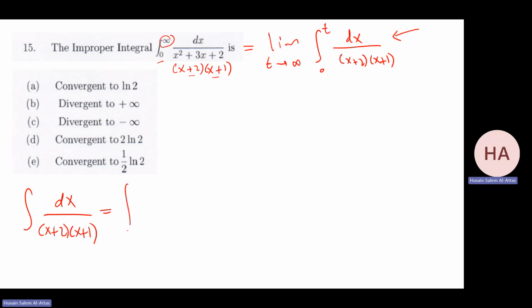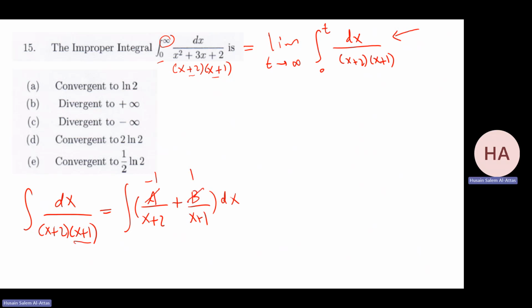This will be A over x plus 2 plus B over x plus 1, dx. What will be A? We'll use the cover method. Using minus 2, I have minus 1. Now we'll do it with the other one. Use minus 1, that will be 1.